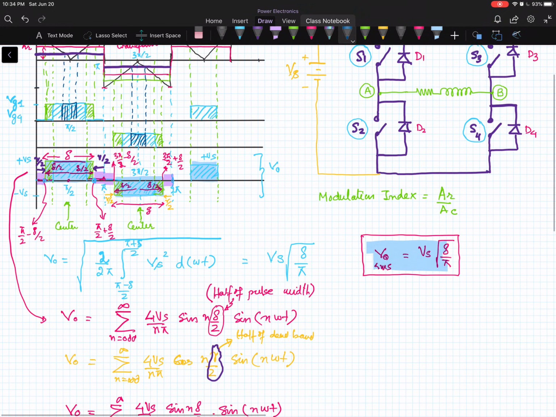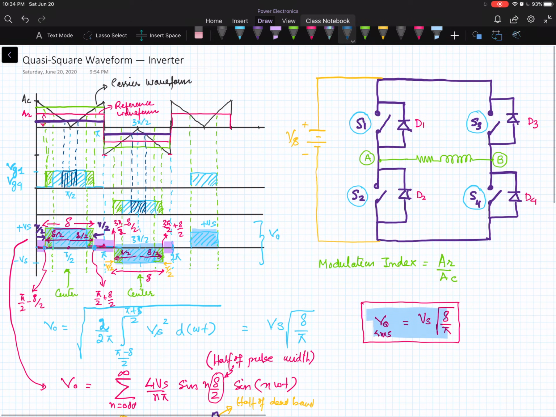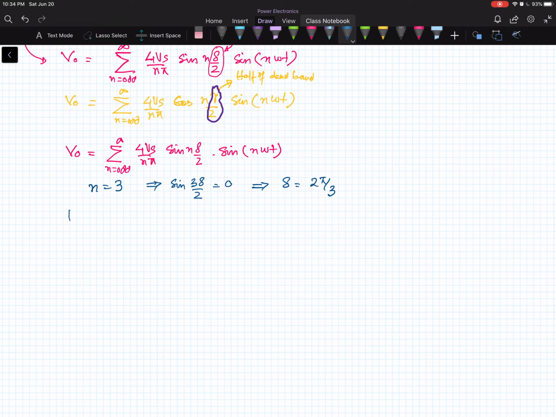So if our pulse width is equal to 2 pi by 3 in this waveform, then our third harmonic will be cancelled out. So if I draw this quasi square waveform again, such that its positive part is centered at pi by 2 and this del is equal to 2 pi by 3 in terms of angle, this point will be pi by 6, and this point will be 5 pi by 6, and we have pi over here.